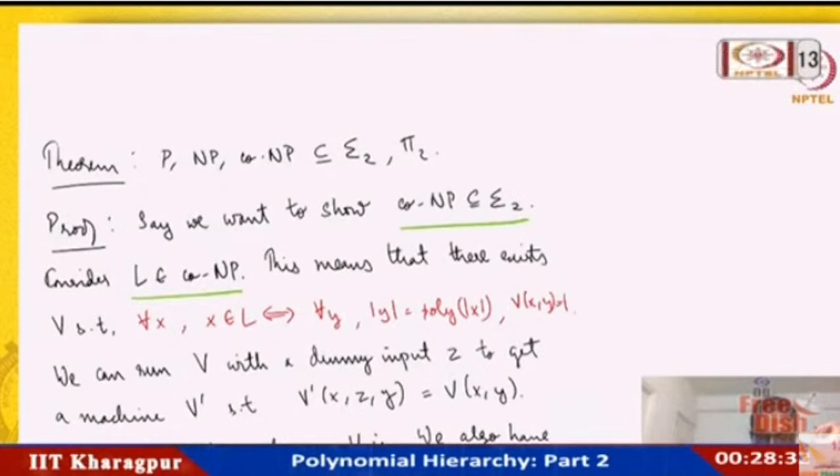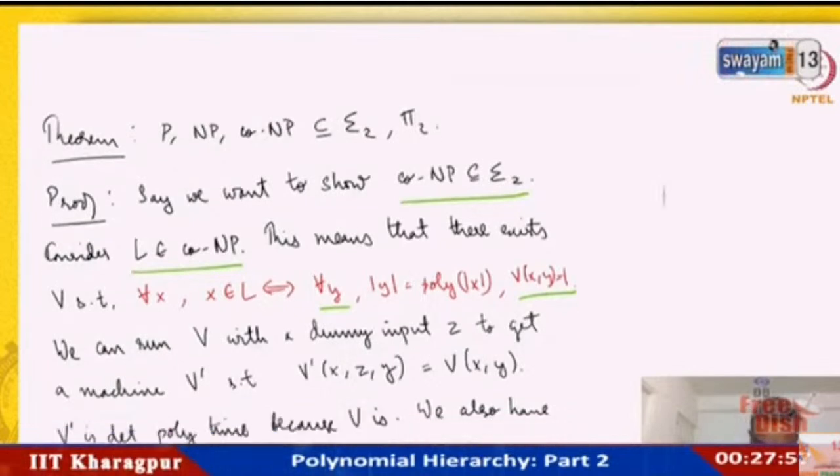This means that there is a verifier characterization such that, as written here in red, there should be a verifier such that X is in L if and only if for all Y it accepts X and Y. So even if one Y does not accept, then X should not be in L, right?